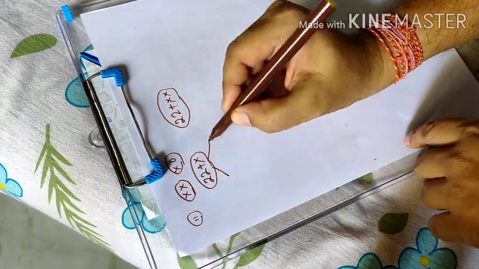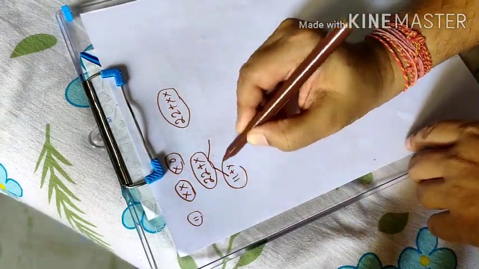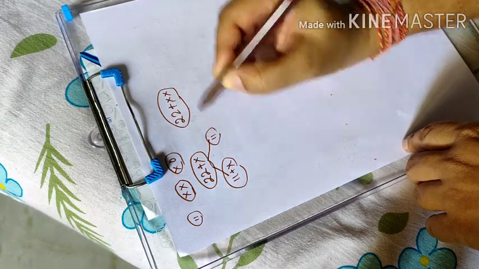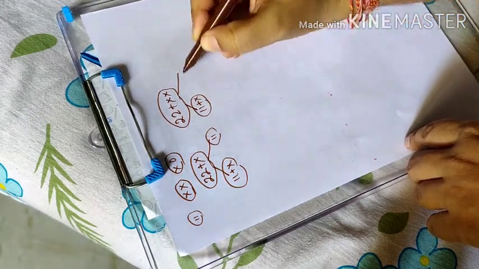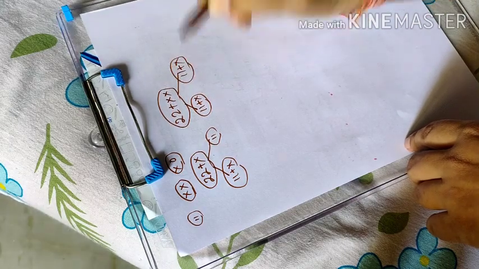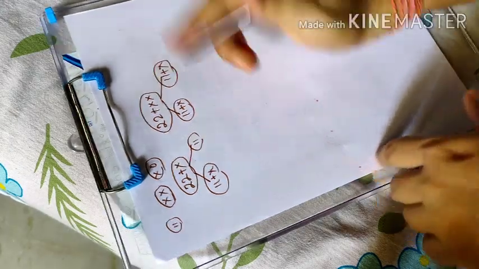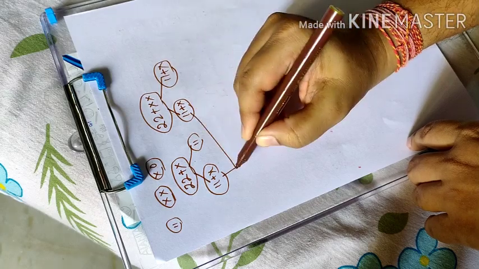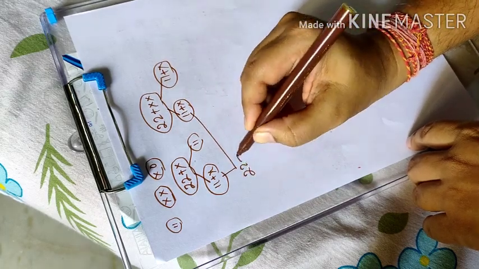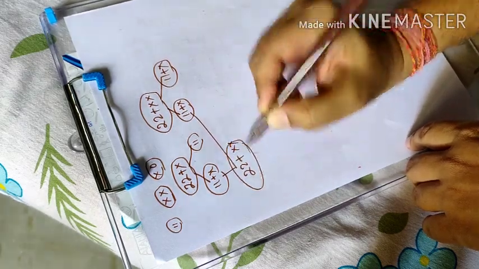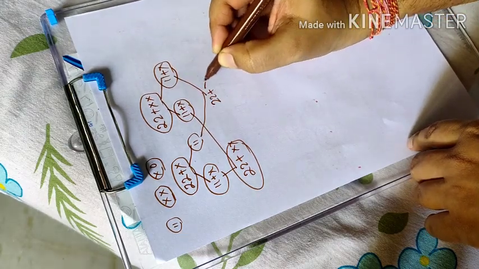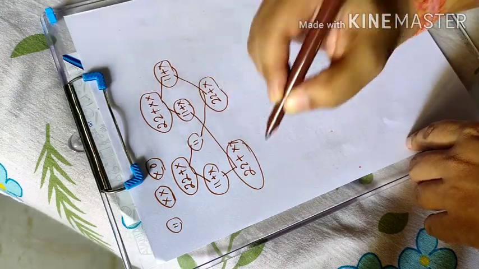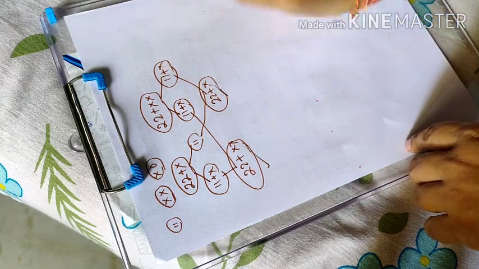It has gametes, that is 11 plus X and 11, and 11 plus X, 11 plus X. When these two gametes fuse, this one is the female and this one is the male.